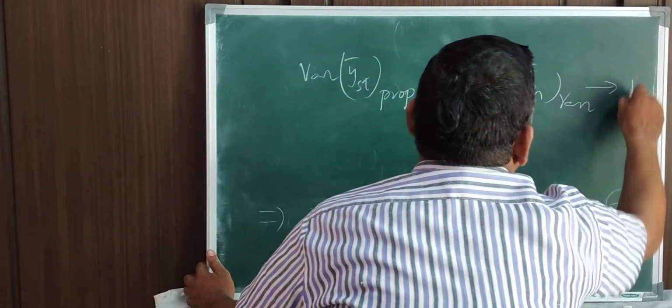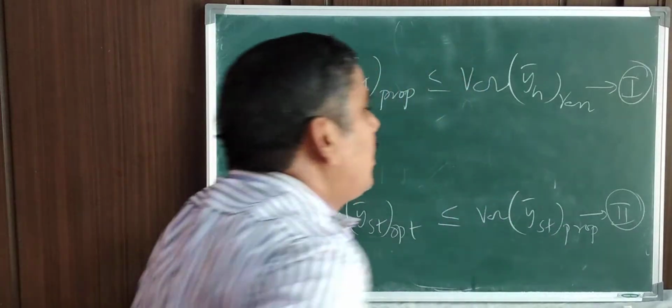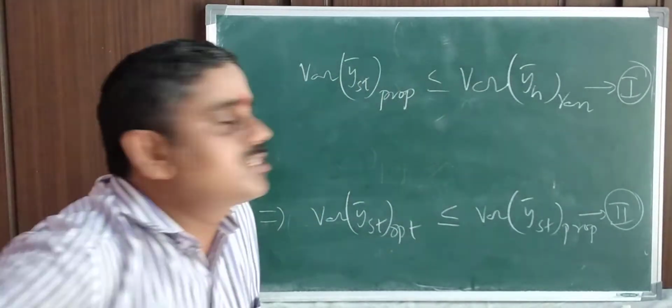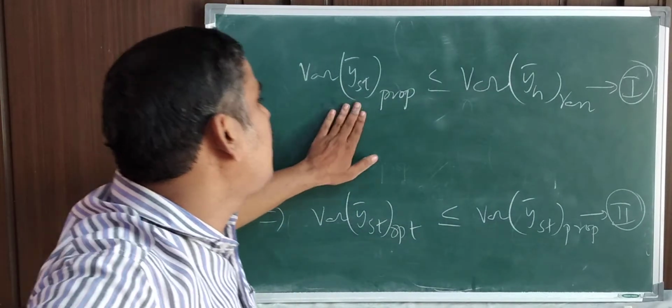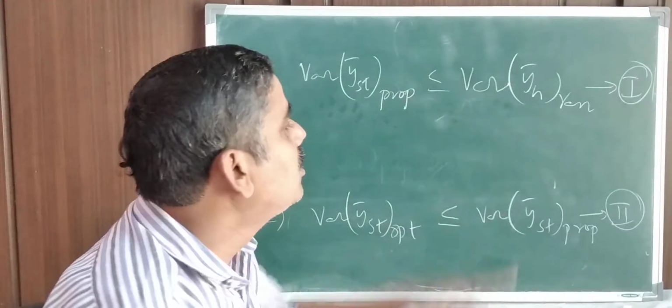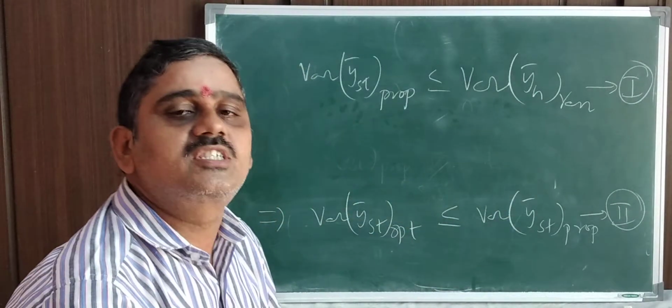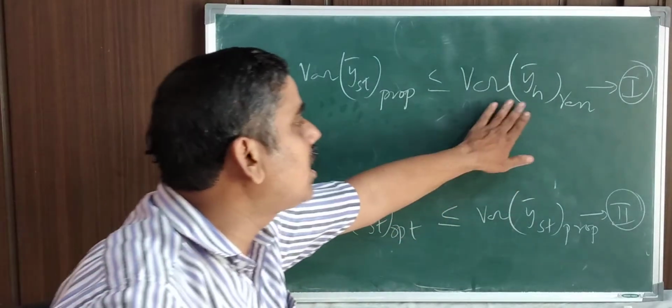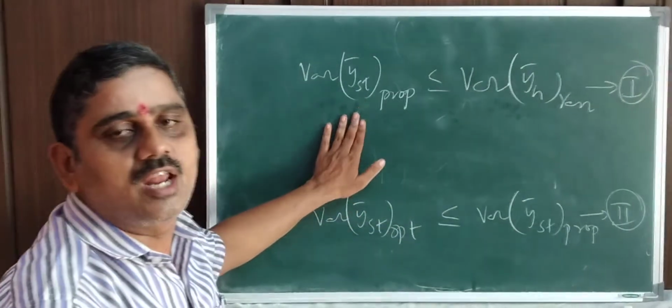We have considered this as Roman number 1. Recollect and verify in the previous class that variance of y bar st proportion is always less than or equal to variance of y bar random, which is the relation between simple random sampling and proportional allocation.